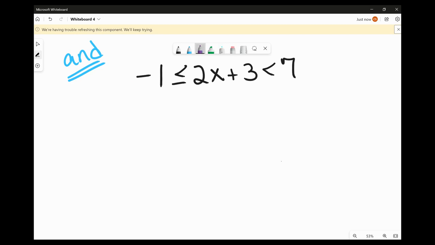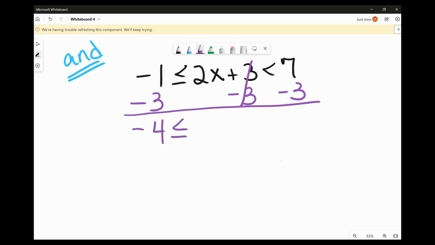I would first get rid of the 3. So to get rid of a positive 3, I'm going to subtract 3, and I'll subtract it here. I'm also going to subtract it on the other side of the inequality. So make sure that you subtract it from the middle and from both sides of the inequality. Okay? And now we're going to just do the math. And we have negative 4 is less than or equal to 2x, which is less than positive 4.